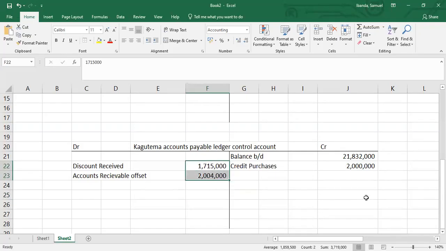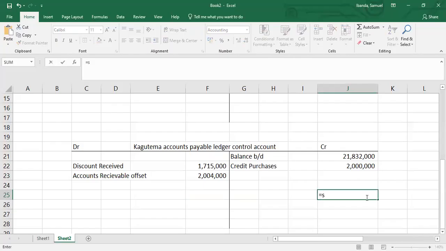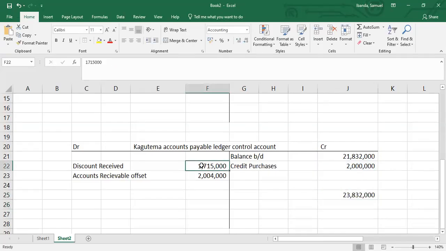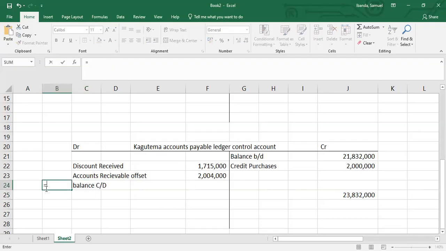So we shall try to get the summation of the two sides. It's a payable ledger control account, so it has a normal credit balance. So this side is higher than this side. So we have a balance carried down or carried forward. So I'll just get the difference here.